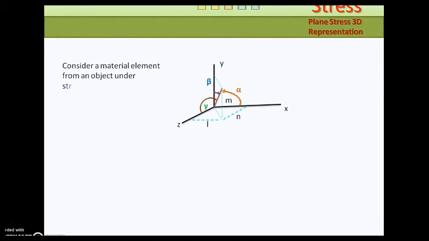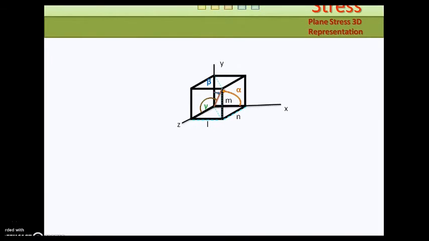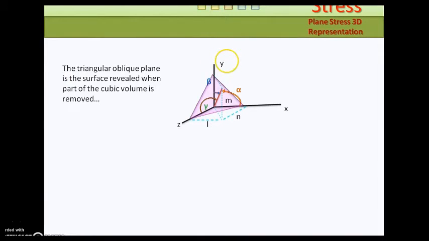Now we will apply this to the 3D case. Imagine the cubic element introduced a couple of slides ago. Now imagine that we remove some material to leave a shape with a triangular oblique plane, like so.